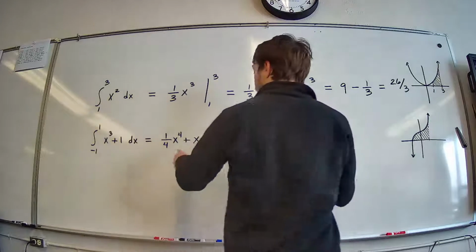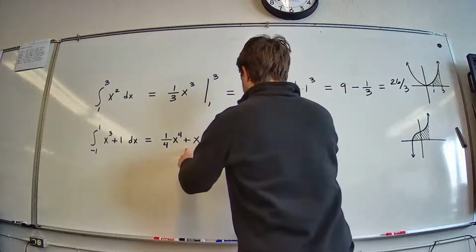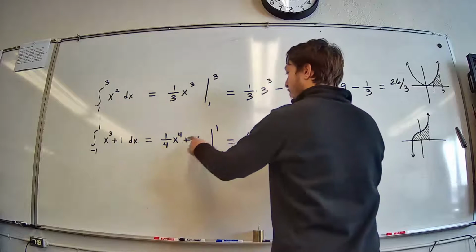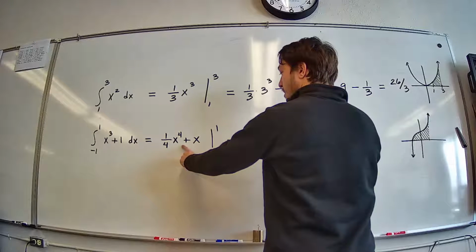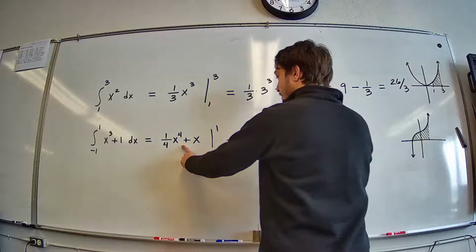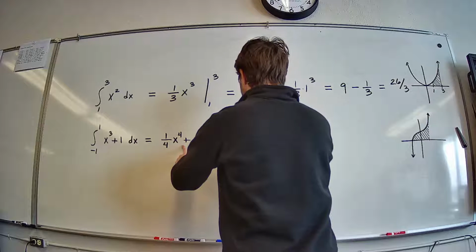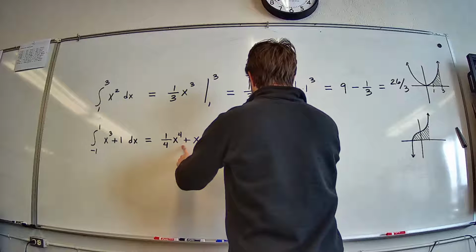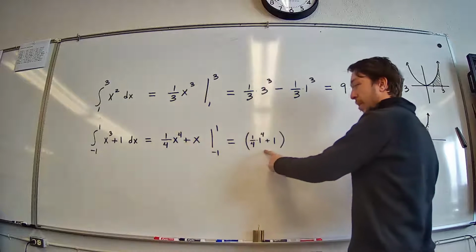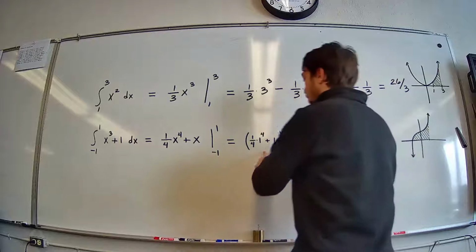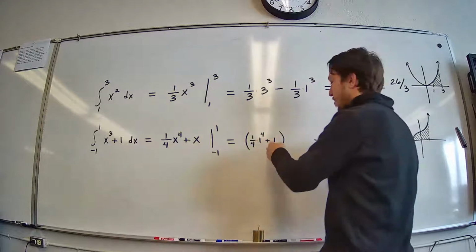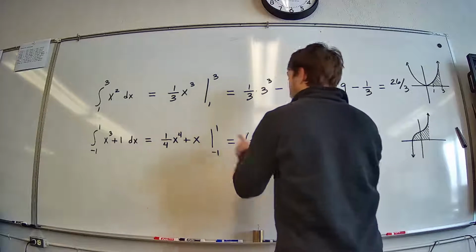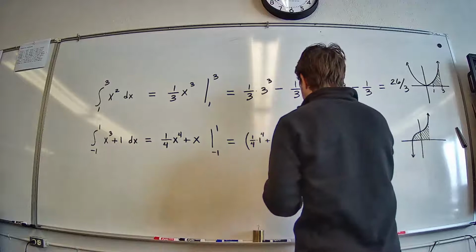So all you have to do is plug in 1. Parentheses can be helpful here. You don't have to show this every time, guys. That's me plugging in 1 and getting 5/4, so in practice you can just go straight to 5/4. And then subtract. Now I'm going to plug -1 in.